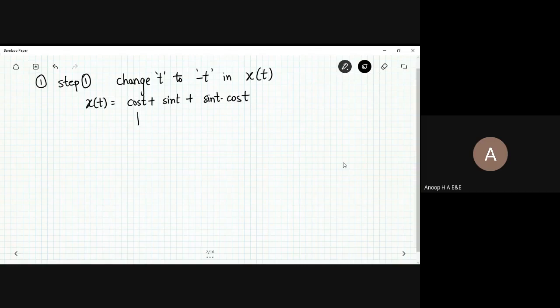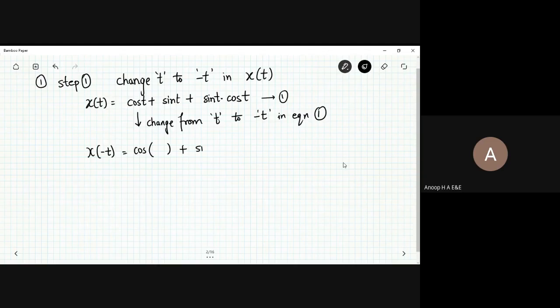And how do I change it? Change from t to minus t in equation 1. So next, what do you get? X of minus t. How will you get it? Wherever you find t, you replace it by minus t.